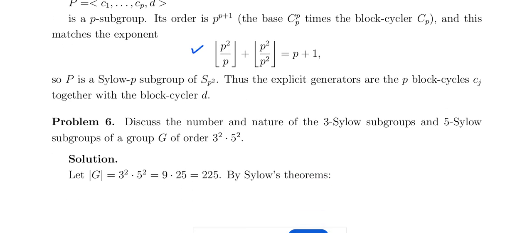So P square by P, then P square by P square, that is P plus 1. It is prime. We did a problem using this earlier. Actually the S9, S8 problem was based on this. That is, the number of P-Sylow subgroups of order is P plus 1. So the P blocks, that is that.